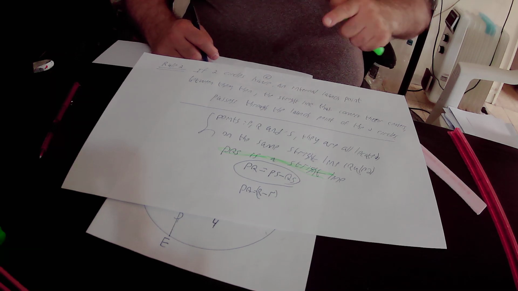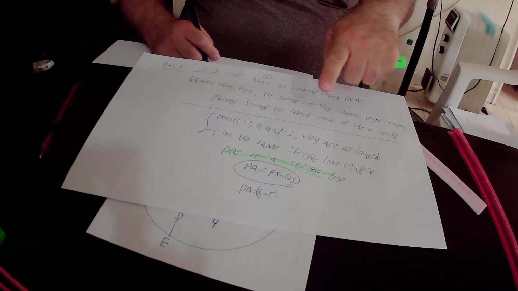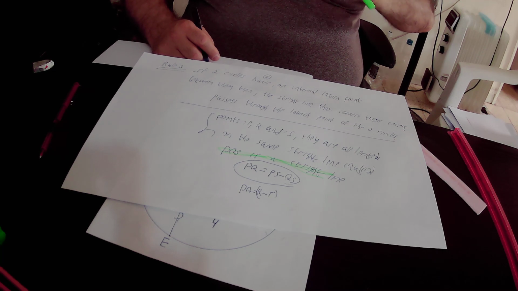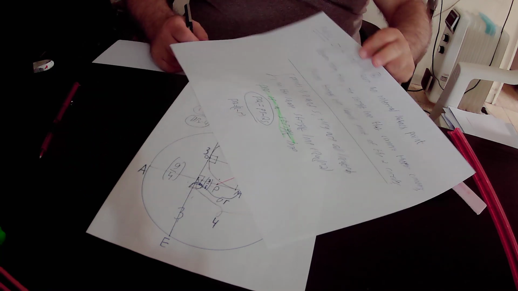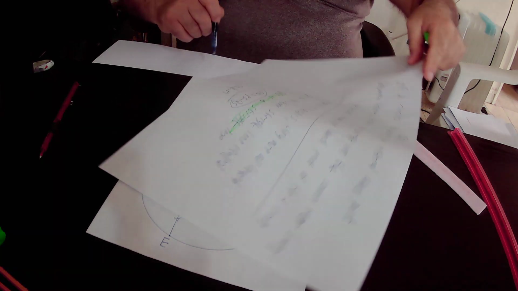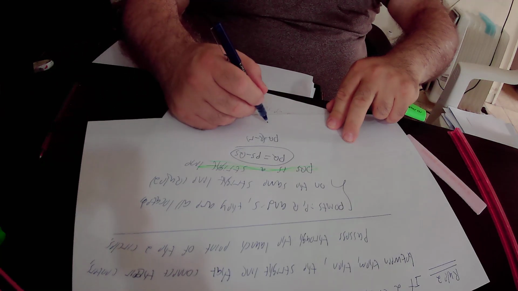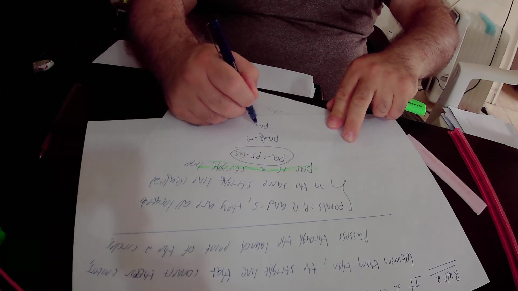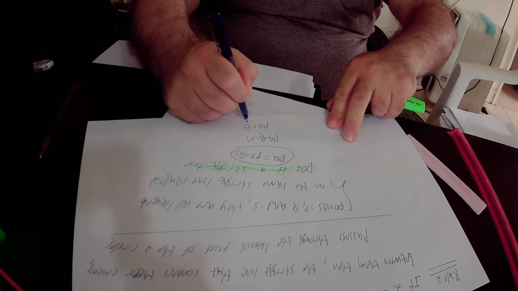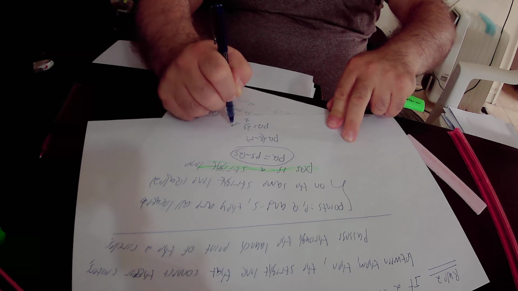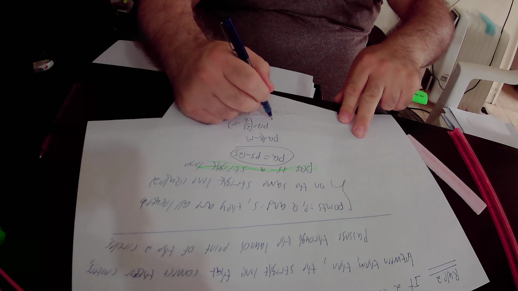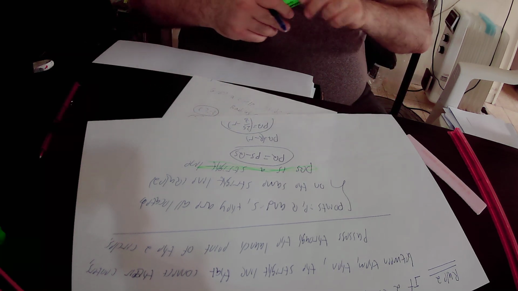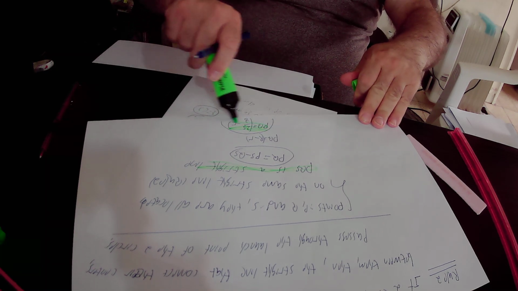But we have already found out that capital R equals 25 over 8, so we can substitute capital R by 25 over 8. So in conclusion, PQ equals 25 over 8 minus small r. Okay, PQ equals 25 over 8 minus small r.